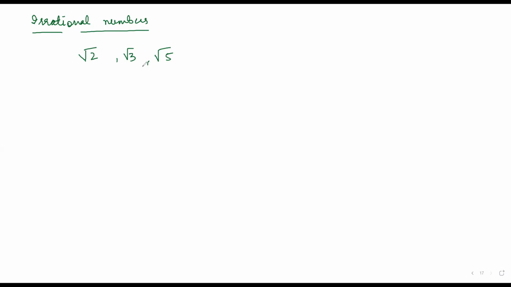And one more thing. If I take all these numbers together, natural numbers plus whole numbers plus integers plus rational plus irrational, combined, they form the set of real numbers. They are called real numbers. So if I make my final box of real numbers, what does it contain?